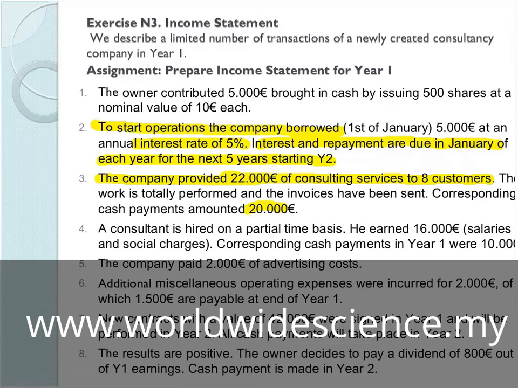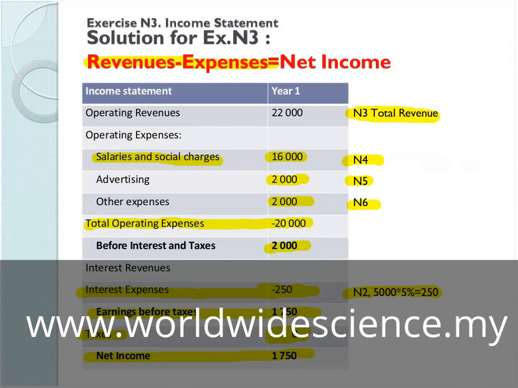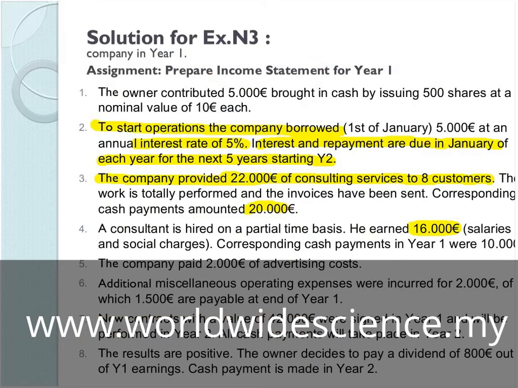But the total expenses we already know is 16,000, and we must show in the income statement total expenses as a total revenue, the same. Because in the balance sheet, you will show only 10,000, and the other 6,000 you will show as accounts payable, right? But in the income statement, you must show the revenues and the expenses in total figures.